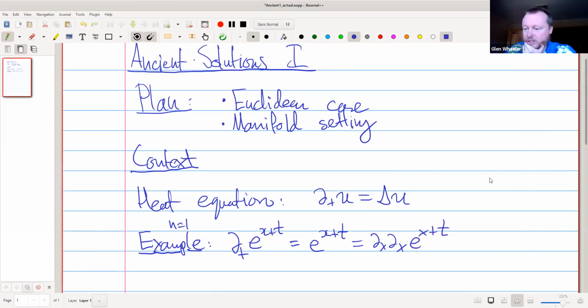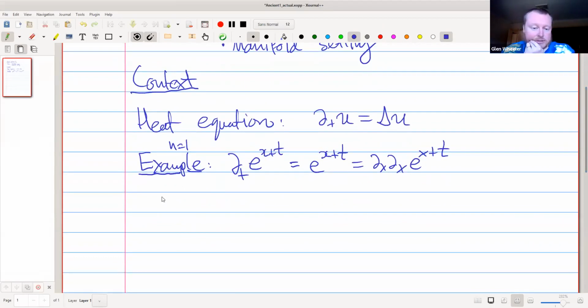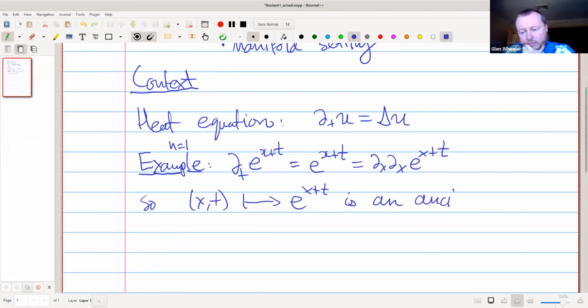Of course, this is a very nice function, and it's an ancient solution in 1D. We can see that it has exponential growth in space and in time.